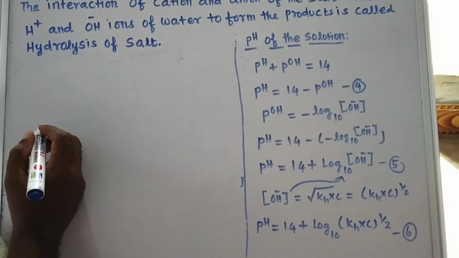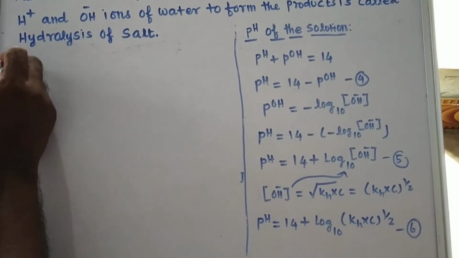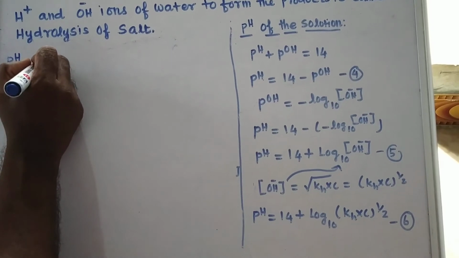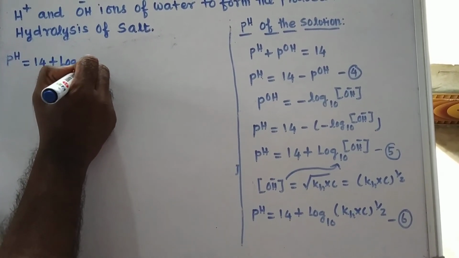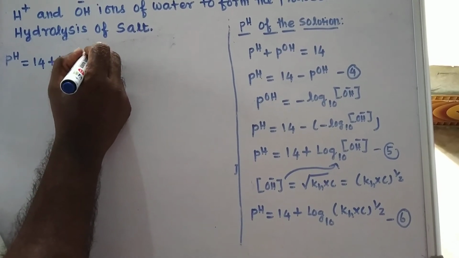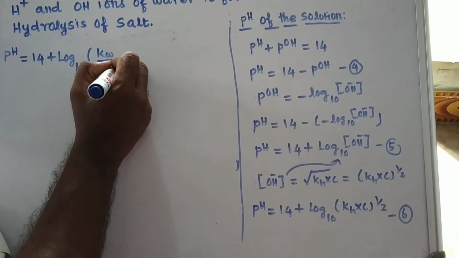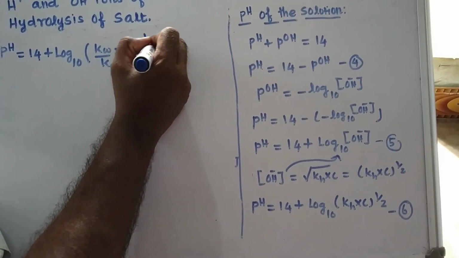Now substitute the value of Kh in equation number 6. It becomes pH is equal to 14 plus log base 10 of Kh, which is equal to Kw by Ka, into C whole power half.